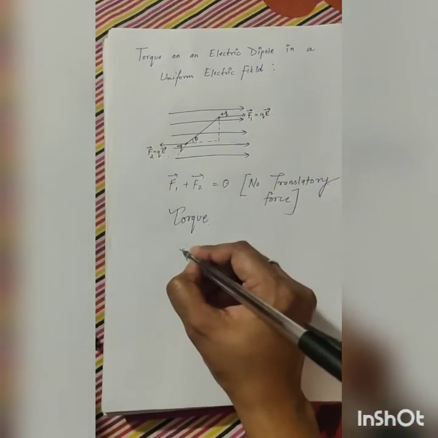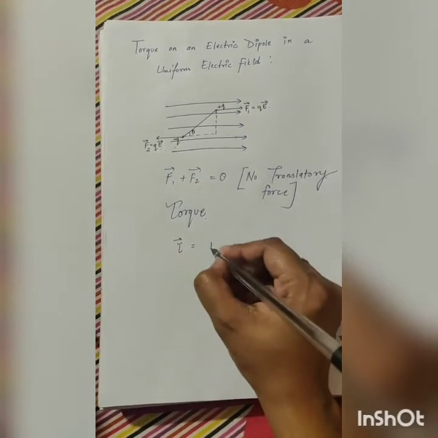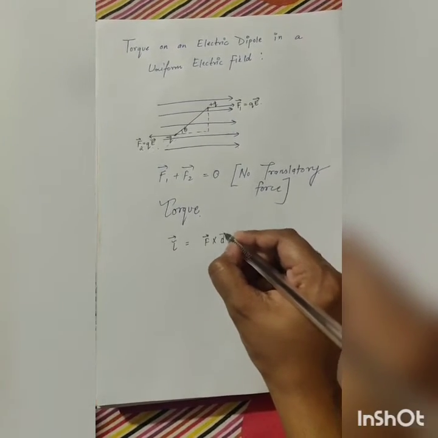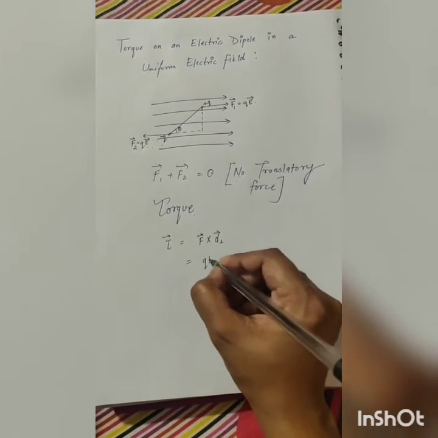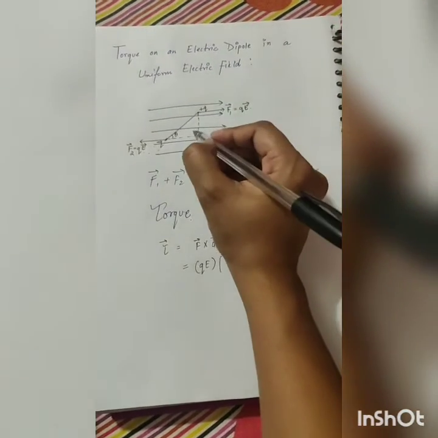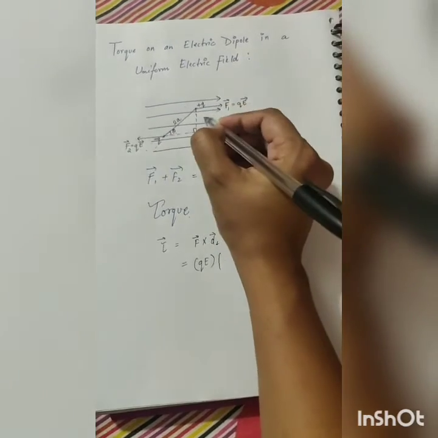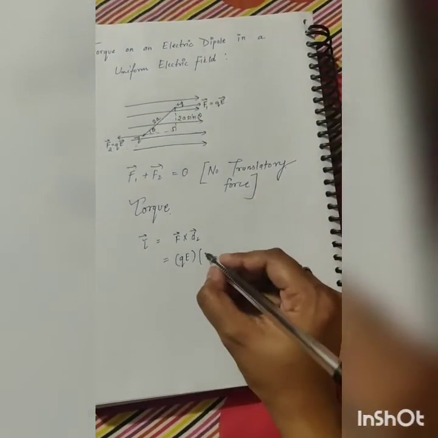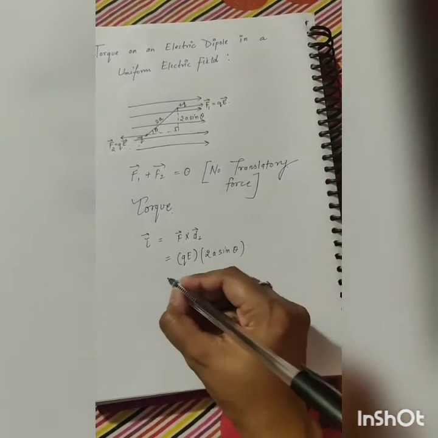Now this torque is given by F cross the perpendicular distance from the line of action. Now this F is either of the forces, that is qE. Now the perpendicular distance is this, and if this is 2a and this angle is theta, so definitely it is 2a sine theta.